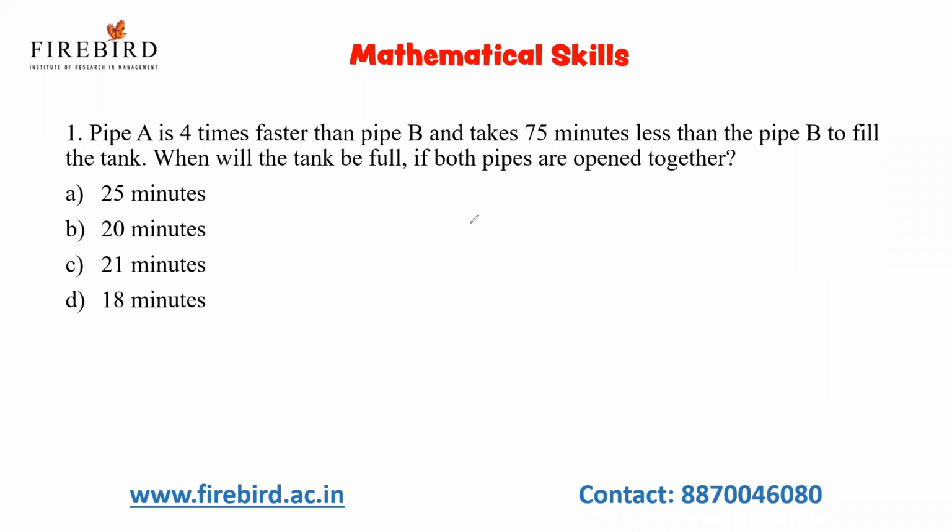Pipe A is 4 times faster than pipe B. So, while reading the question itself, you should be able to solve, because you need to attempt in total 160 questions in 2 hours 30 minutes. If I include global environment, general knowledge part, another 40 questions. In total, 200 questions you need to attend in 150 minutes.